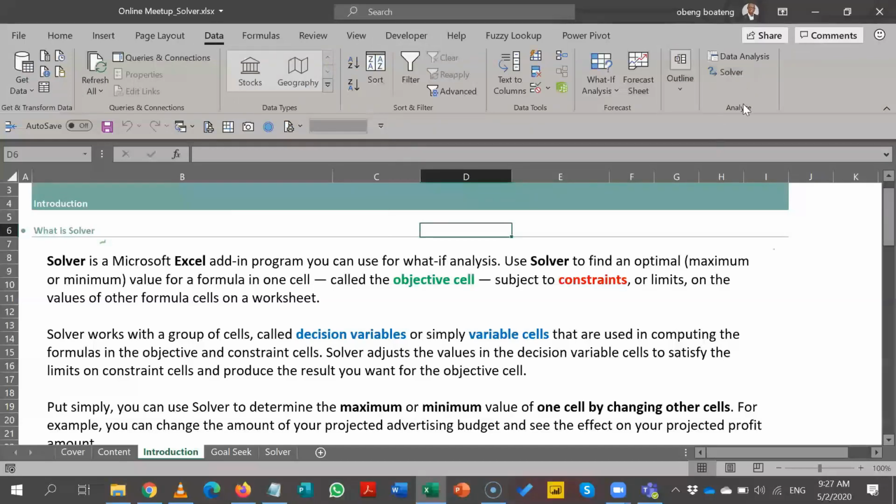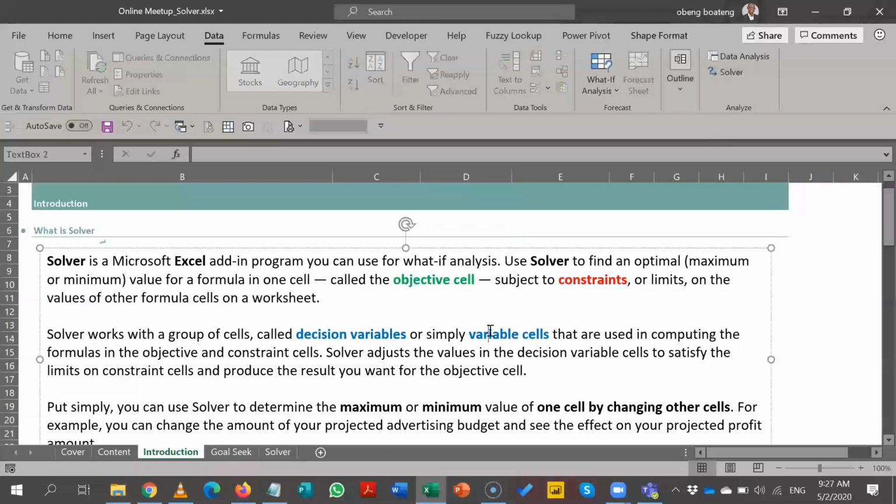So now let's proceed. I was saying that before you use Solver, you have to identify 3 things. First, the objective cell. The objective cell is the final result or the cell you are making a decision on. You are supposed to also identify the constraints.